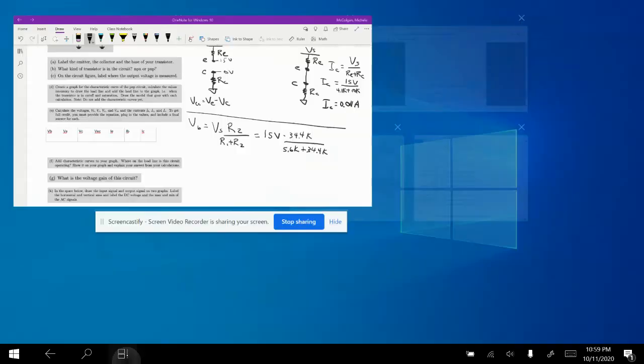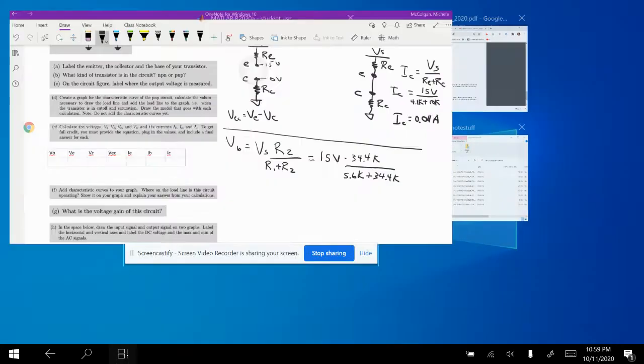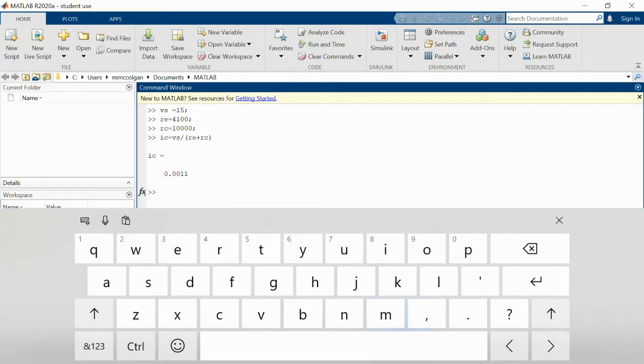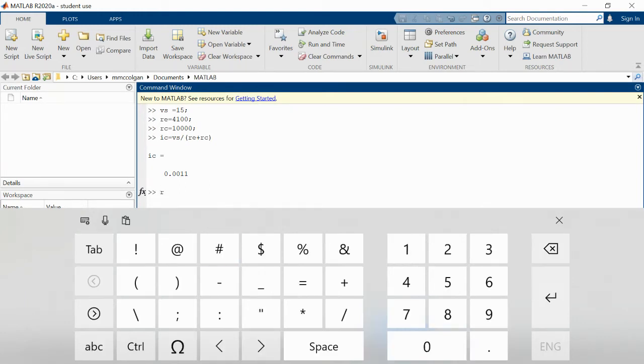And so I can go back again to MATLAB and I'm using MATLAB just like a calculator. I already have my Vs, and now I'm going to have my R1 equals 5.6, so 5,600. And my R2 equals 34,400.